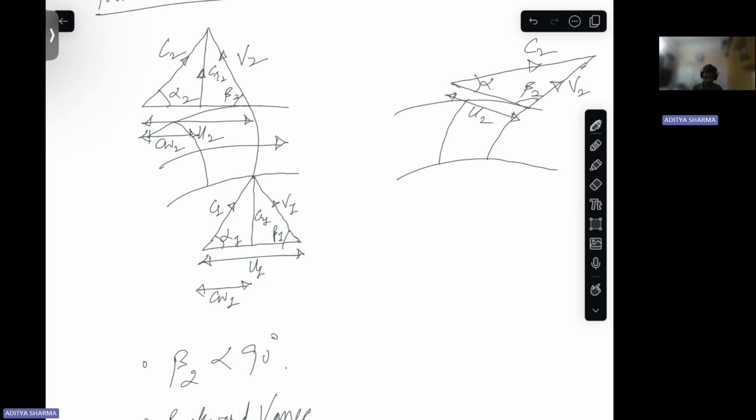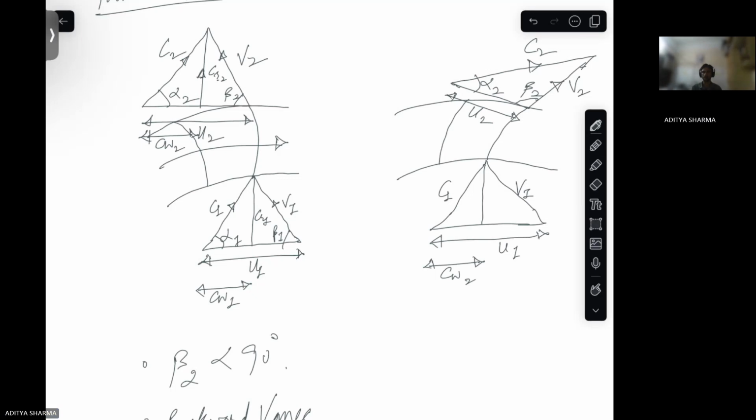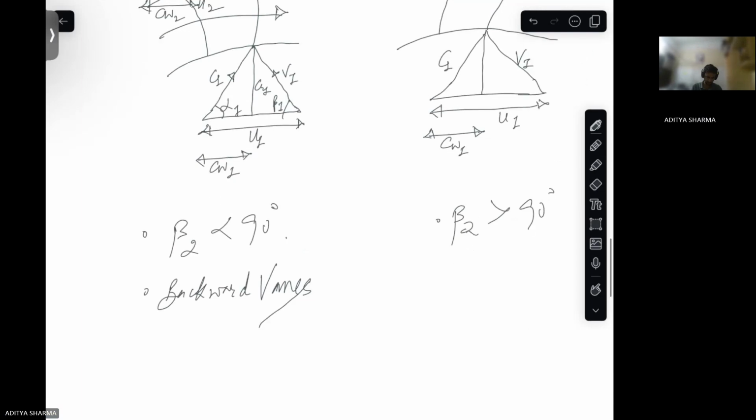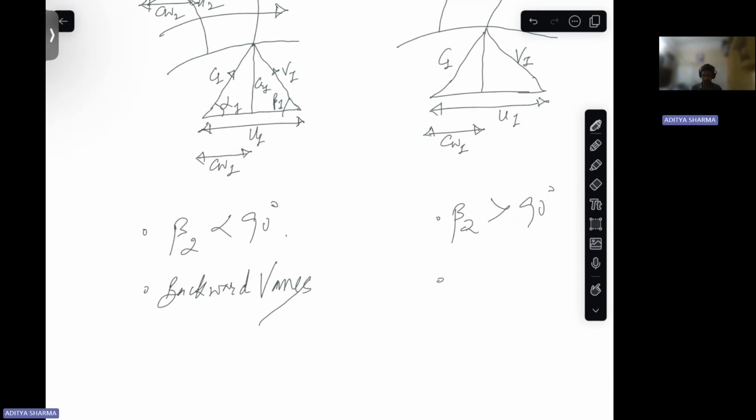Now here beta 2 you see, inlet, let's say, remains the same. V1, CW2, CW1. So here your beta 2 is greater than 90 degrees, and then this is your forward vane.